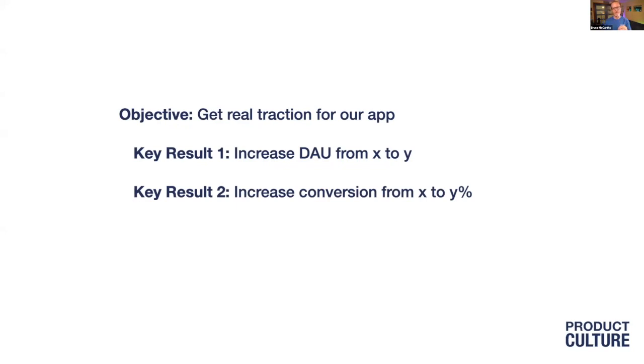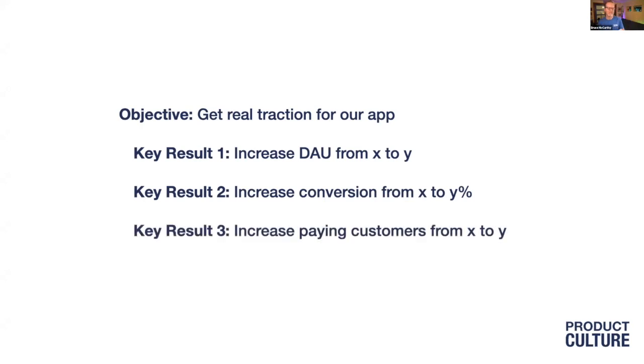And that also feels like we're getting some real traction. And we might even take it a little bit further and say, we need to not just increase the conversion rate, but we need to put enough energy into volume that we're going to get a minimum number of paying customers up to some volume that tells us, hey, this thing is for real. We really do have traction.